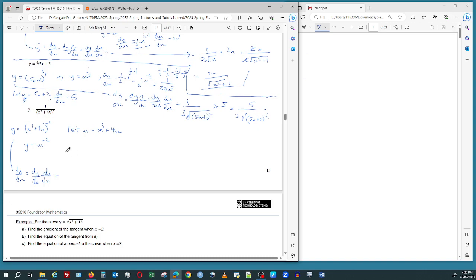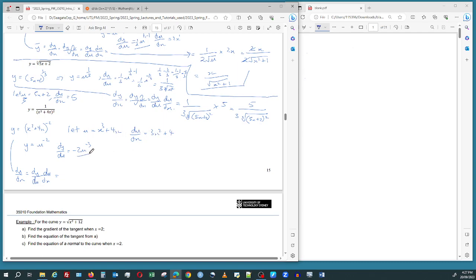So we need to become very, very proficient at this. So dy/du is minus 2u to the minus 2 minus 1, which is minus 3. du/dx in Leibniz notation is 3x squared plus 4, it didn't disappear. So just do them piecemeal.